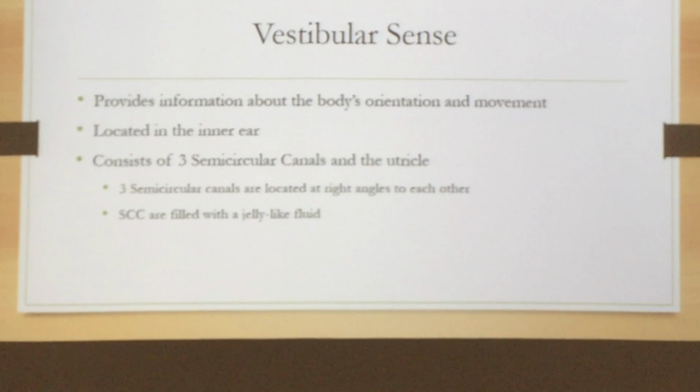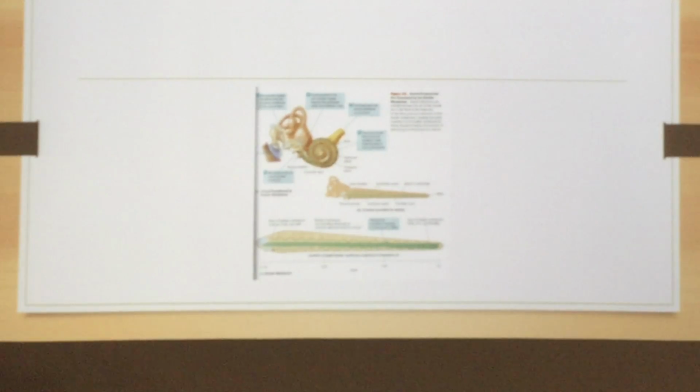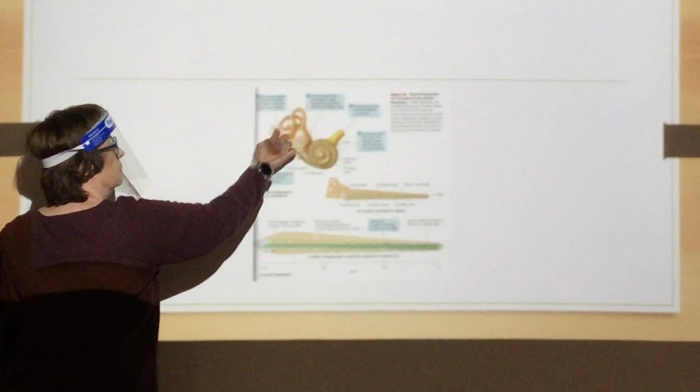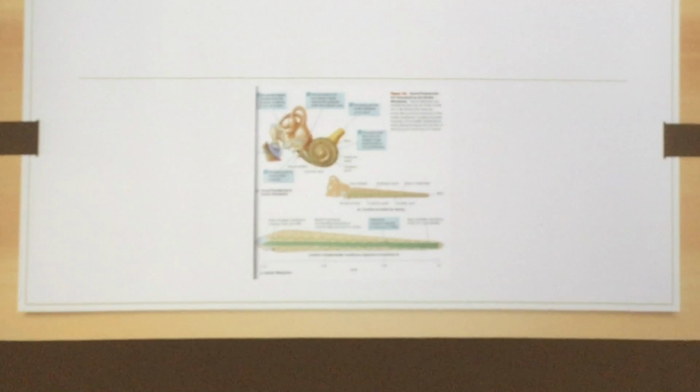One's located in the semicircular canals, and the other is in the utricle. Now, the semicircular canals, if you remember that the cochlea looked like a snail, the semicircular canals would have been those antennae. Right here.